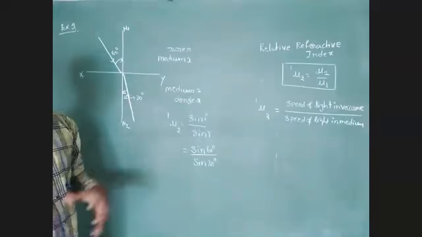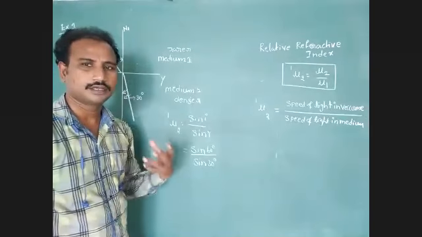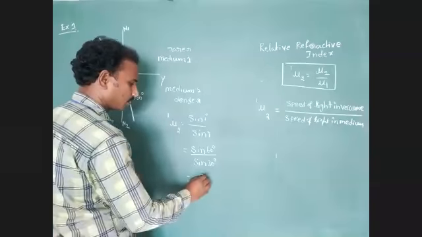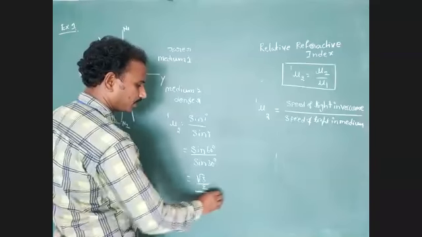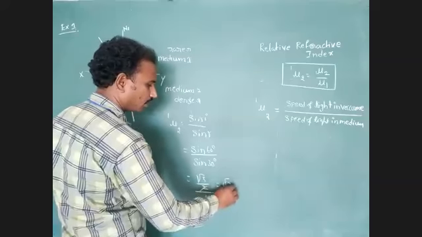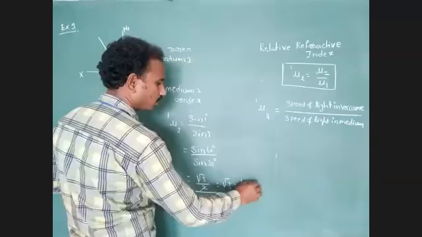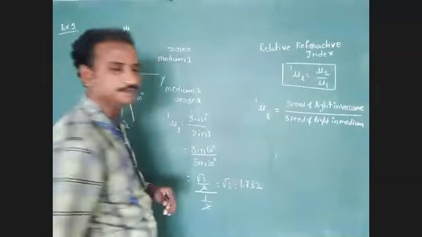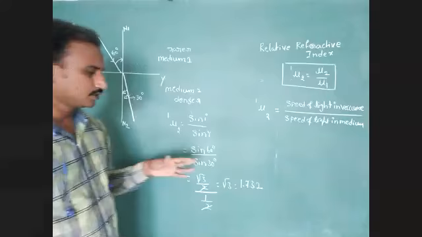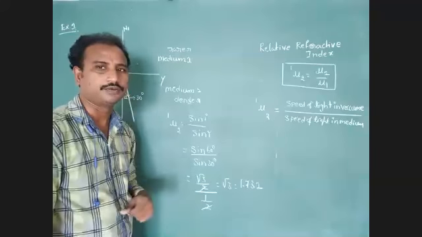Sin 60 degrees equals root 3 by 2, divided by sin 30 degrees, which is 1 by 2. The 2s get cancelled. Root 3 equals how much? 1.732. The refractive index of the second medium is 1.732.